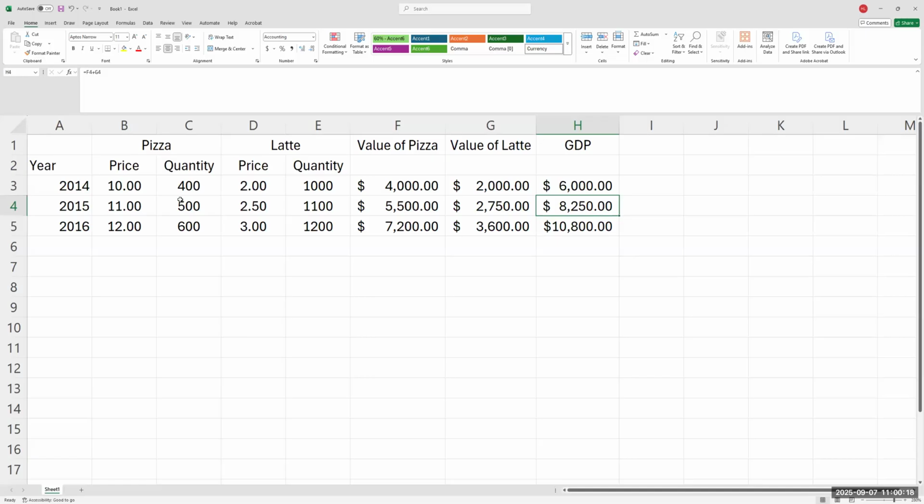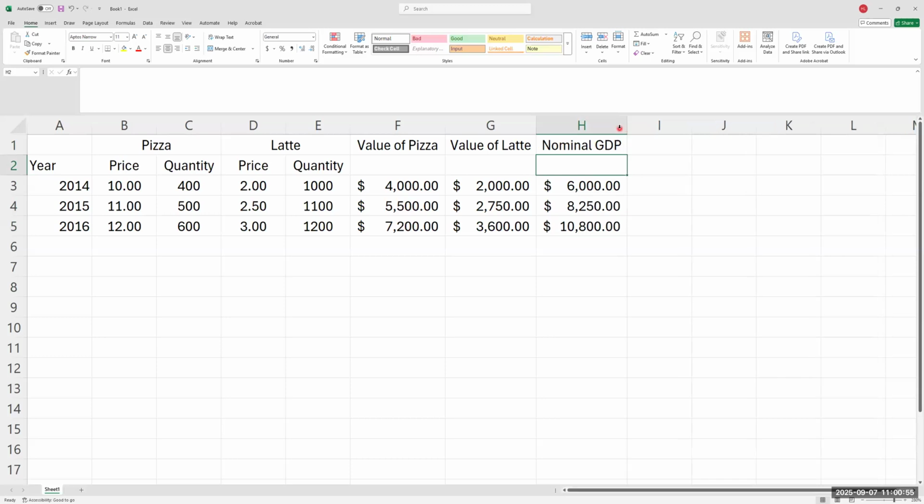Because we're using the prices in that specific year, the pizza price in 2014 to measure the value of pizza produced in 2014, the pizza price in 2015 to measure the value in 2015, and so on, this is nominal GDP. It went from 6,000 to 8,250 to 10,800.